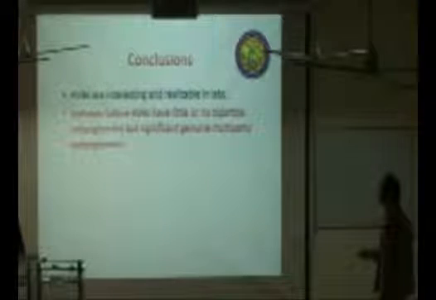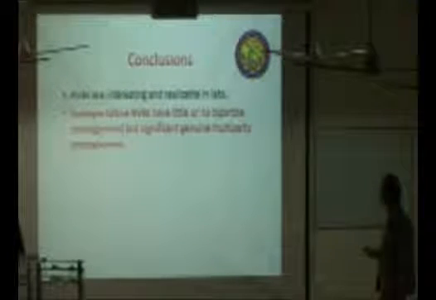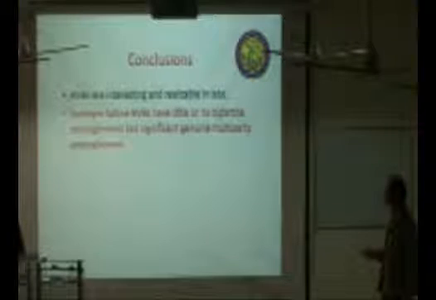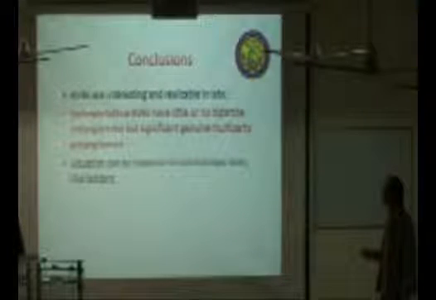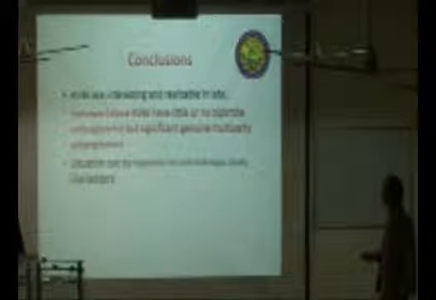So with that, I come to my conclusion. I guess I have been trying to tell you that RBBs are interesting and are realizable in labs. Isotropic RBBs have little or no bipartite entanglement, but significant genuine multi-site entanglement. The situation can be completely opposite in non-isotropic ones, like ladders.